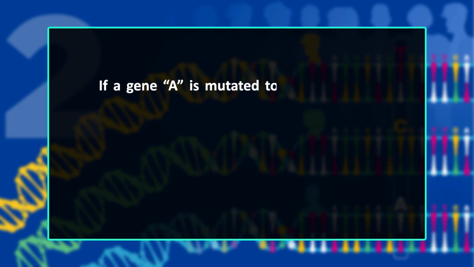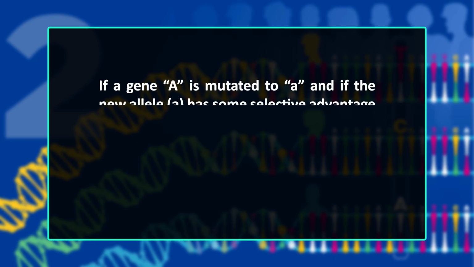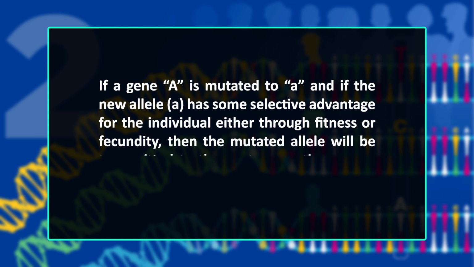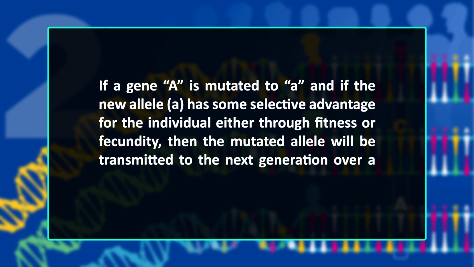For example, if a gene with capital A is mutated to a gene with a small a, and if the new allele, that is the small a, has some selective advantage for the individual either through fitness or fecundity, then the mutated allele will be transmitted to the next generation over a period of time.